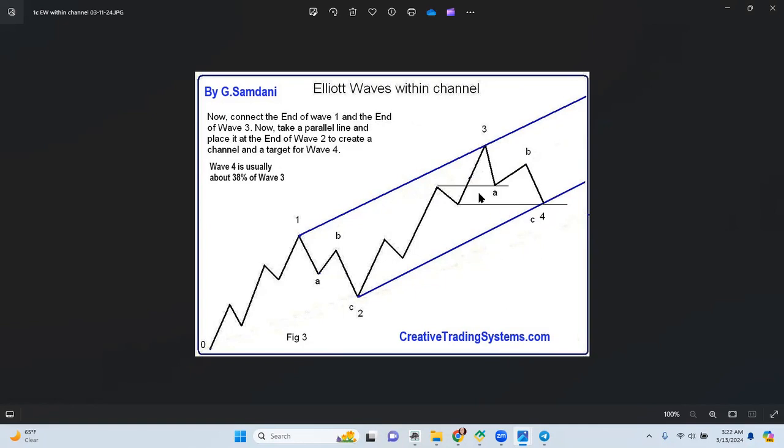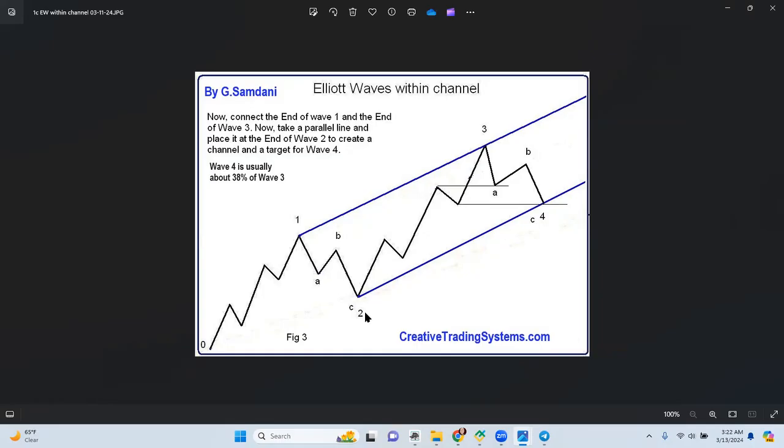Now, wave 4 could be a zigzag or a different type of correction. Let me explain the different types of corrections, which I never mentioned before. The first very common correction is called a zigzag. Zigzag means you have wave A, B, C. Usually a zigzag comes at a 45-degree angle, or steeper than that.